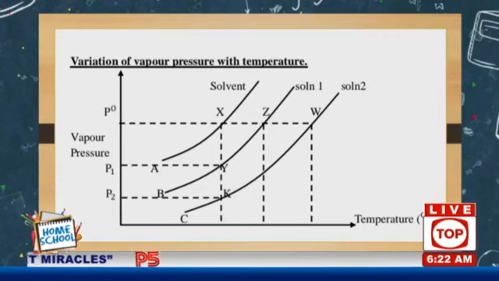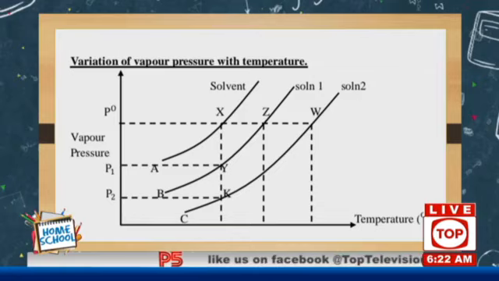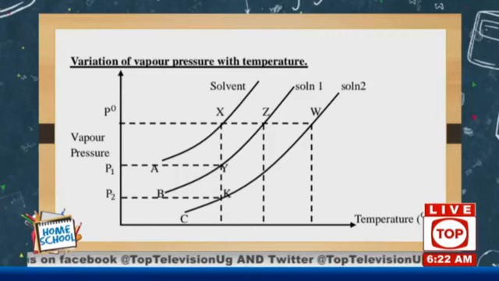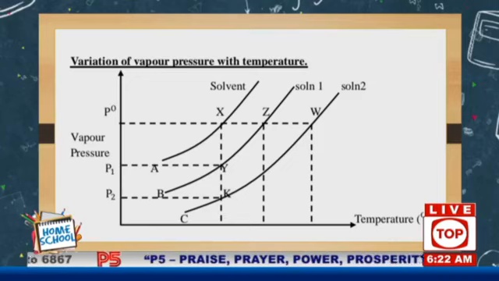AX, look at it. BZ, look at it. CW. So therefore we look at XYZ and XKW as similar triangles. You can see them there, they are all centering on X. The angle of 90 degrees is at X there.